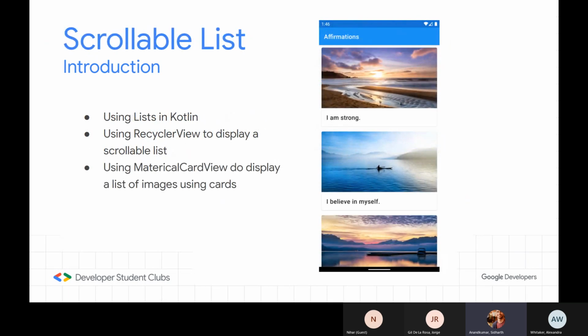In this presentation, we're going to be looking at how we can use Recyclerview and Material Card View to get to a scrollable list that you can use in your app for multiple things. A list is a very essential component for a lot of applications. Subconsciously, you're always using lists in your apps. It is a core concept you have to understand before you go into development.